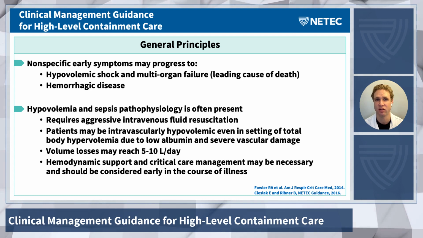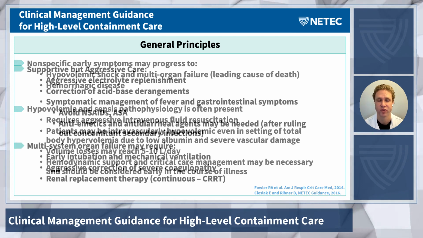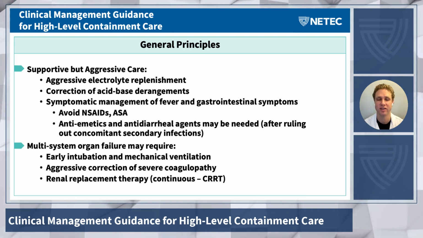These patients may lose up to 5 to 10 liters per day of fluids. They may be intravascularly depleted as well as extravascularly hypervolemic due to low albumin as well as severe vascular damage from the virus itself. And so one of the most important things, if not the most, is aggressive fluid resuscitation and good critical care support.